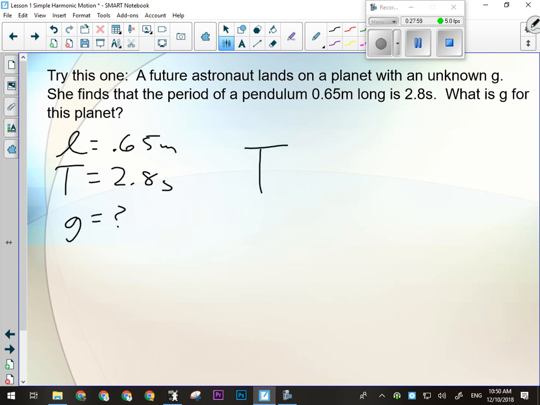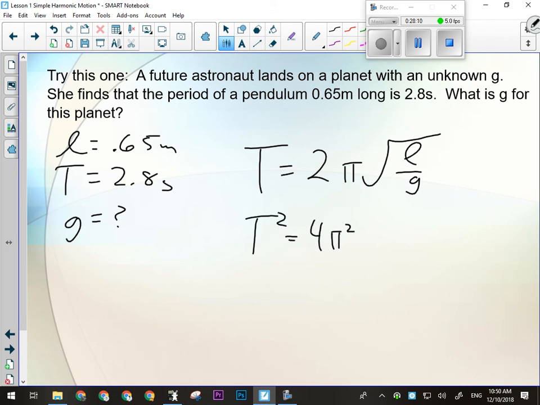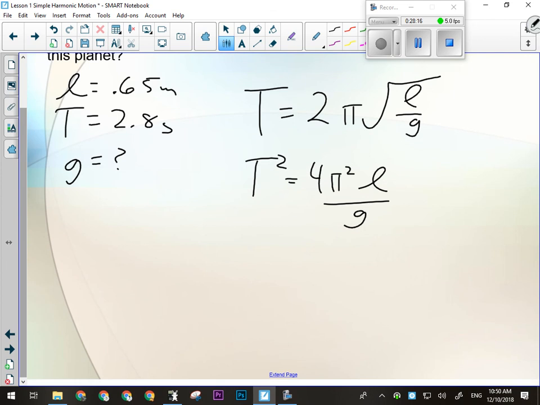So we've got to take T = 2π√(L/g) and manipulate for g. First step, square everything. T² = 4π² × L/g. So really all we have to do is switch g and T² here in order to manipulate for g. So g will equal 4π² × L/T².